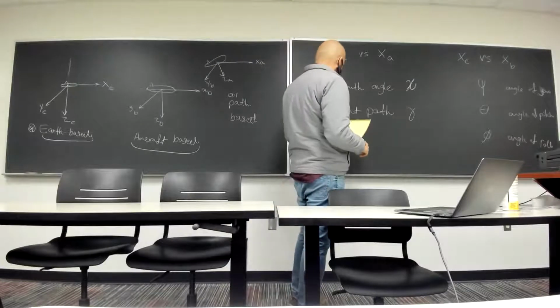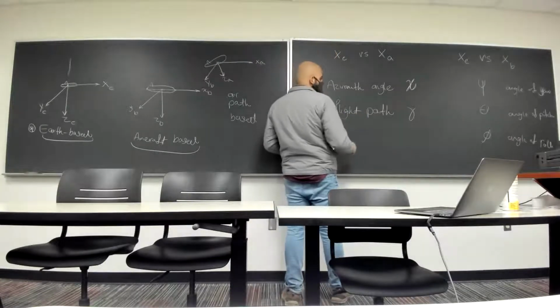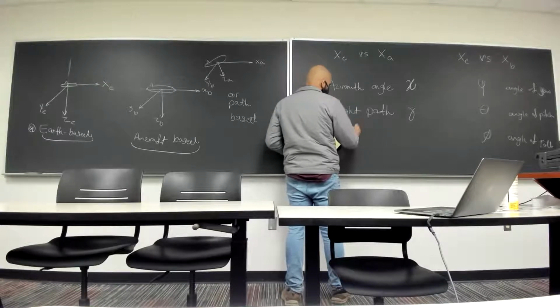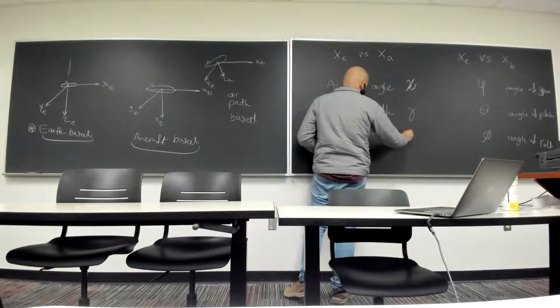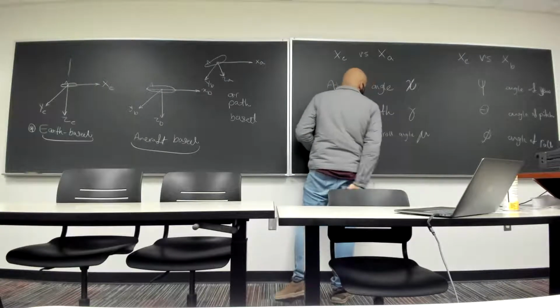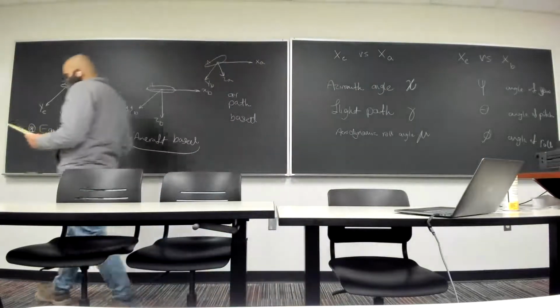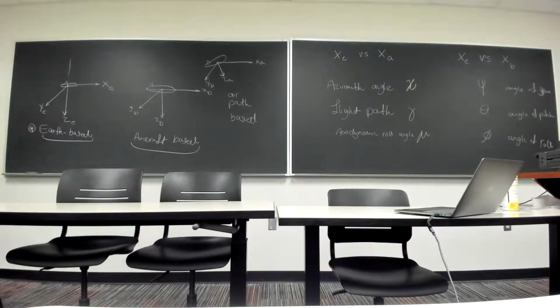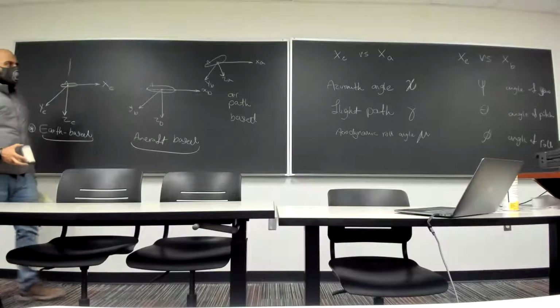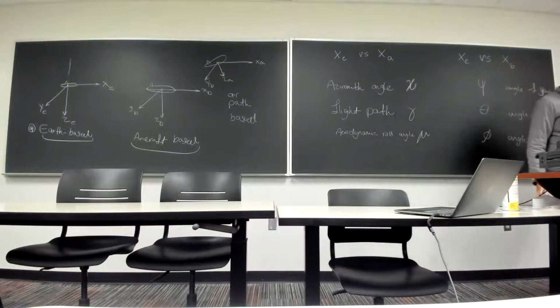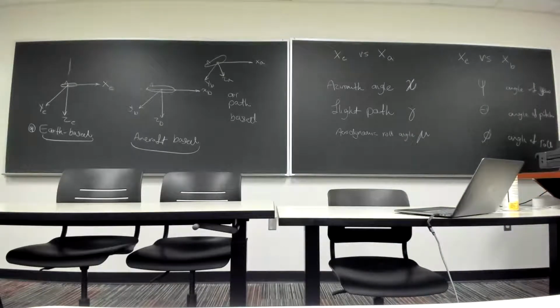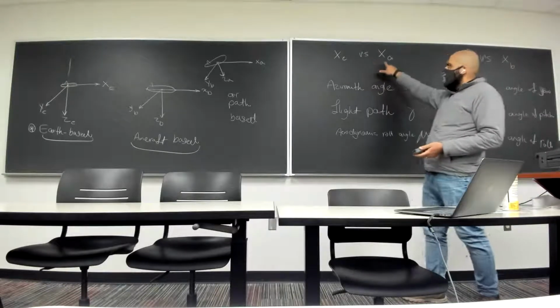And then we have finally the aerodynamic roll angle. We also have the angle of attack alpha and angle of the side slip beta that we are already familiar with. So coordinate systems and angles. Any questions so far? That's the angle between XE and XA.